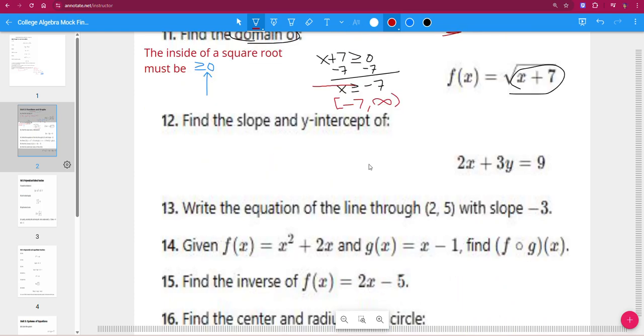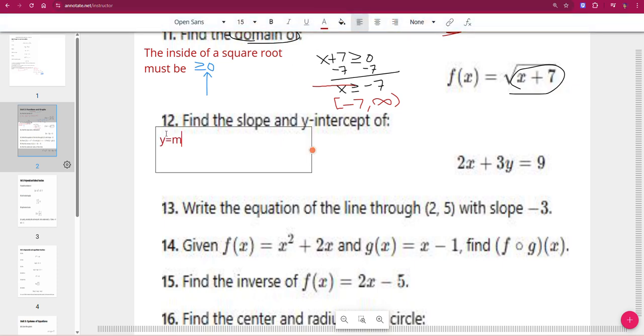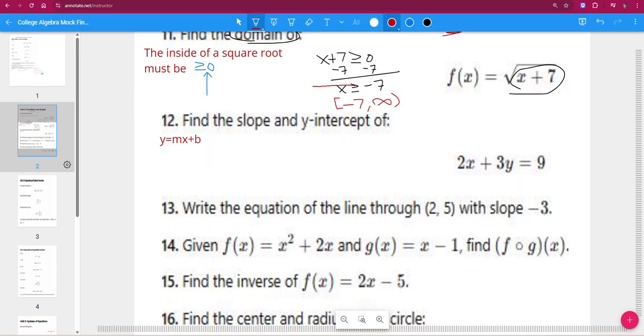Then it asks us to find the slope and y-intercept. So this is just telling me to get it into y equals mx plus b form. If I do that, I go minus 2x on both sides. So let me bring this result over here. That gives me 3y equals -2x plus 9.